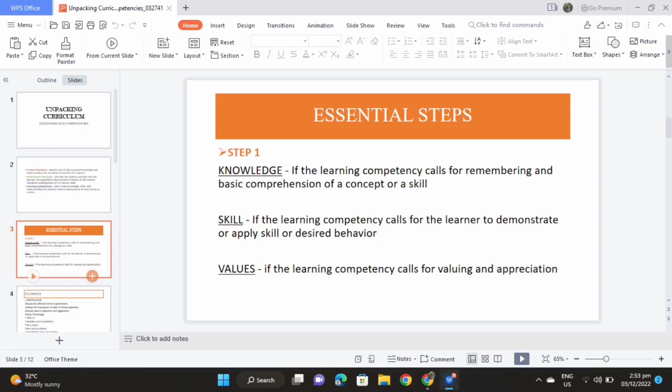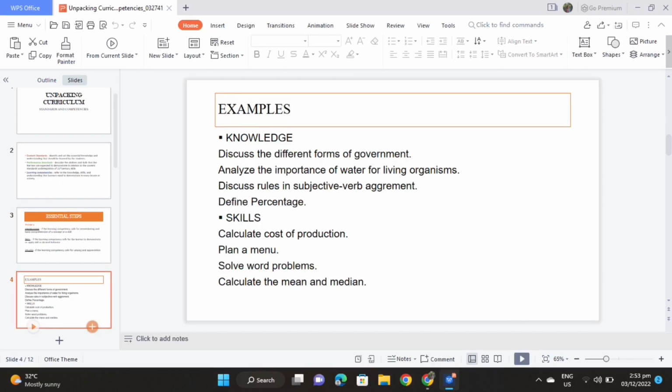Examples of knowledge: discuss the different forms of government, analyze the importance of water for living organisms, discuss rules on subject-verb agreement, define percentage. Examples of skill: calculate cost of production, plan the menu, solve word problems, calculate the mean and median.